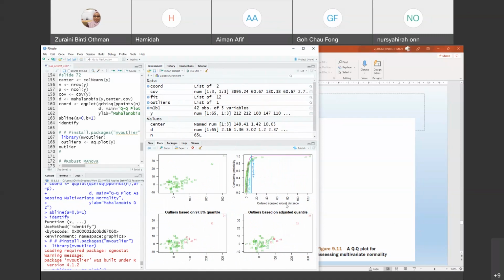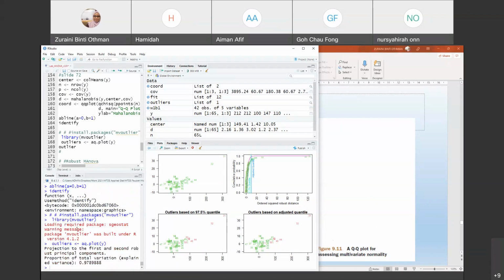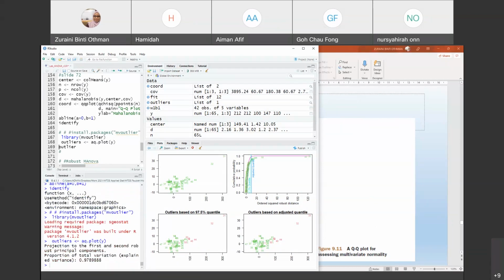This is for the chi-square robust distance, and you can see the outliers based on the 97.5 quantile. There are outliers there. This is the outlier based on the adjusted quantile. We find the outliers here from this graph, and we can see the outliers there.